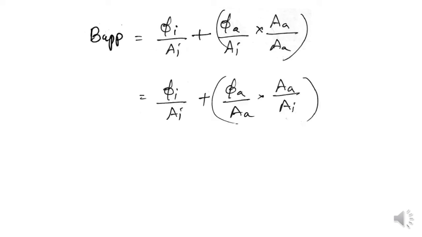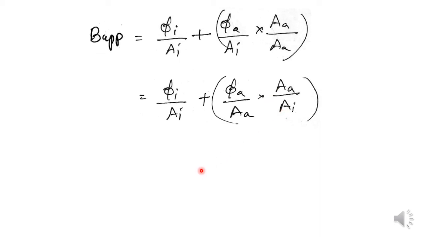Then the equation becomes B apparent is equal to phi I by AI plus phi A by AA into AA by AI. This phi A by AA means the flux through the air divided by the area of cross section of the air path. That means the flux density in air, phi by A, the flux density in air into AA by AI.